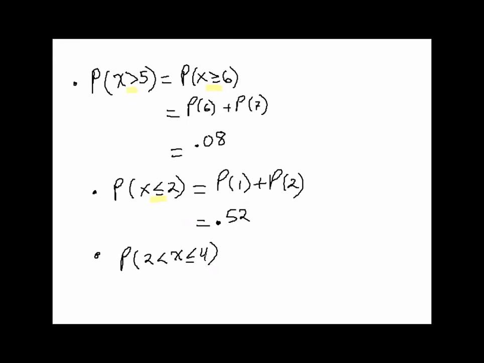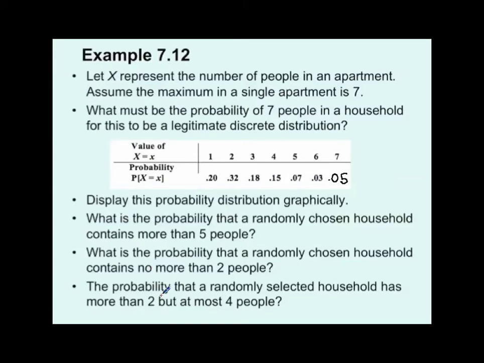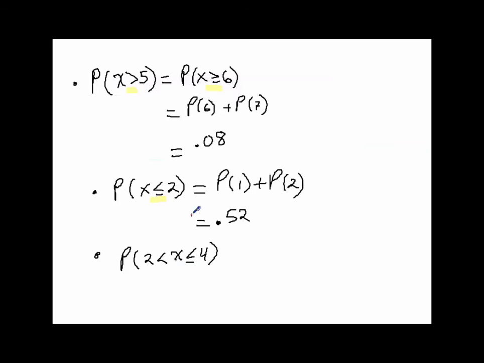Let's make sure you got that. It's strictly more than 2, but at most 4. So that's the same as the probability of your random variable being between 3 and 4, which is simply the probability of 3 plus the probability of 4.